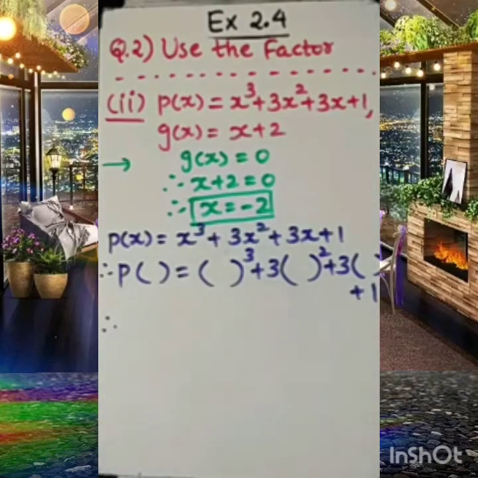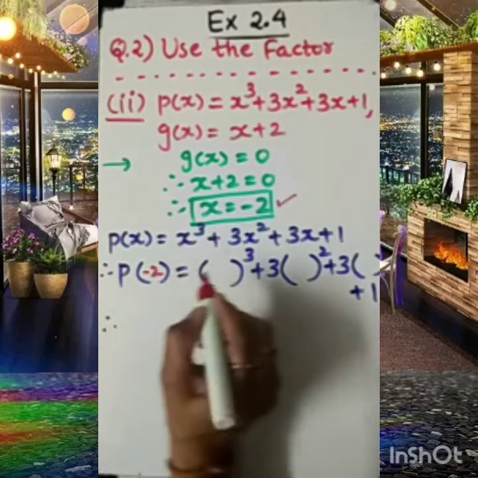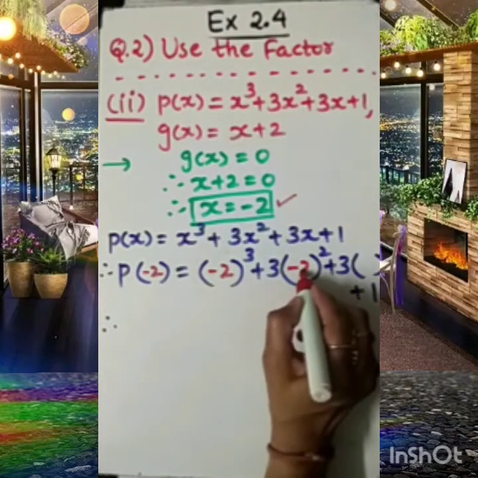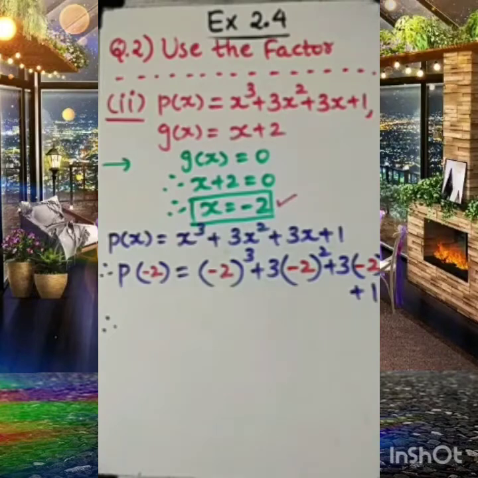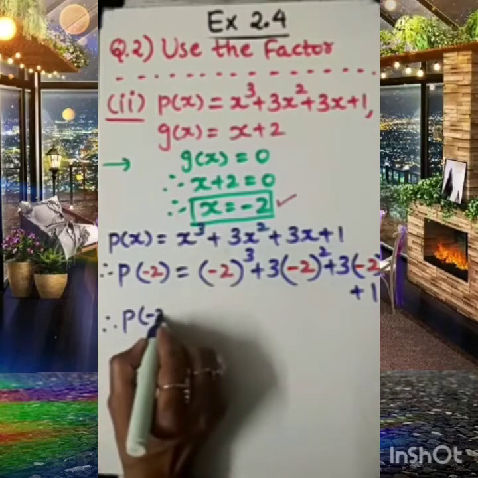So, let me put the value of x, that is minus 2. The value of x equal to minus 2 here. So, I am mentioning minus 2, minus 2, minus 2. Fine. So, let's work out upon that. So here we need to mention p(minus 2).